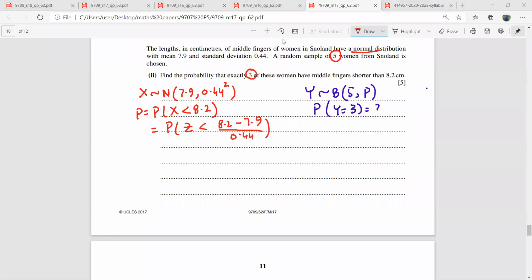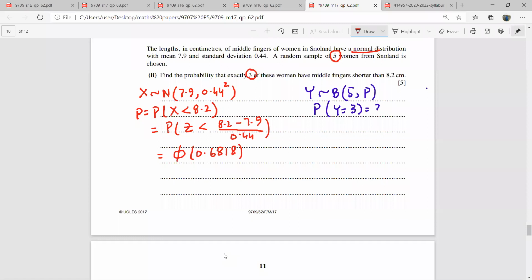This will give us, let me use a calculator. This is 8.2 minus 7.9 divided by 0.44. So is that 0.6818? Yes, sir. Okay. This is 0.6818.